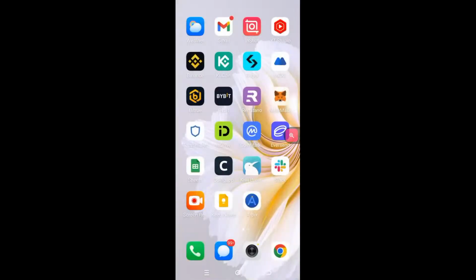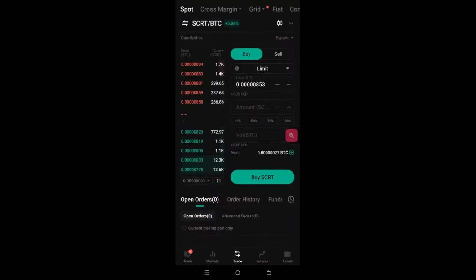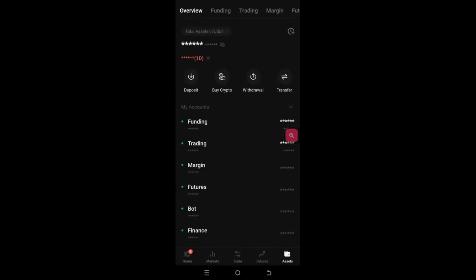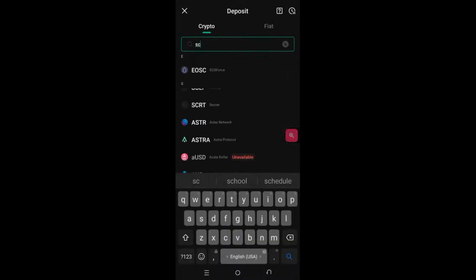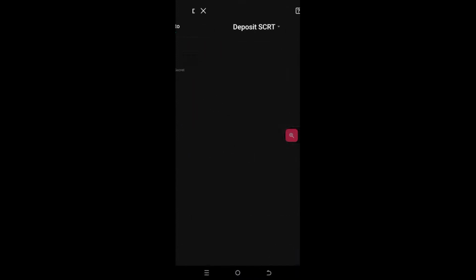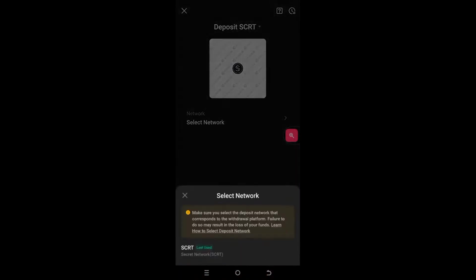Okay, like I told you, it's a dependency upon a dependency. So now the next thing we're checking is deposit, right? Can we deposit SCRT here? Of course, it looks like we can. But what's the network? Ooh. Can you see what I'm seeing here?